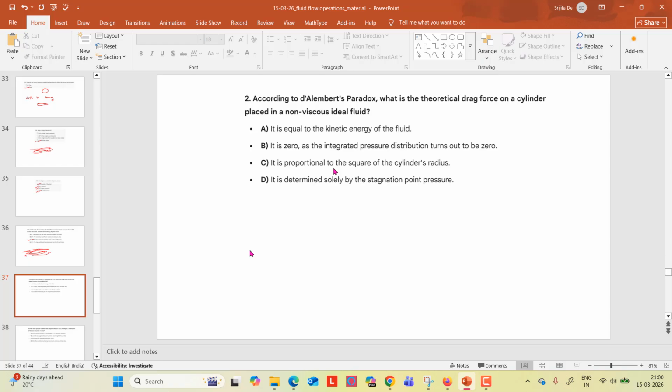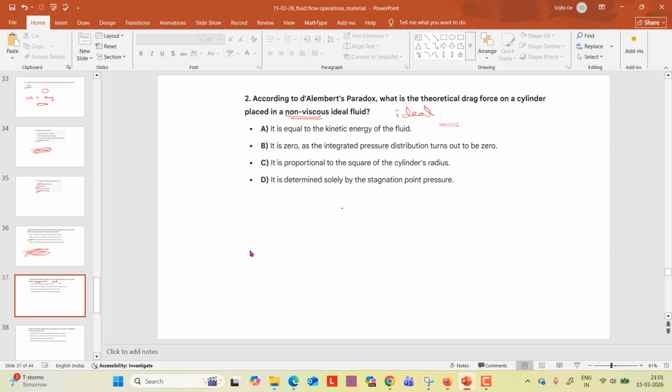So non-viscous fluid means ideal fluid, basically. So in case of ideal fluid, viscosity is not present.